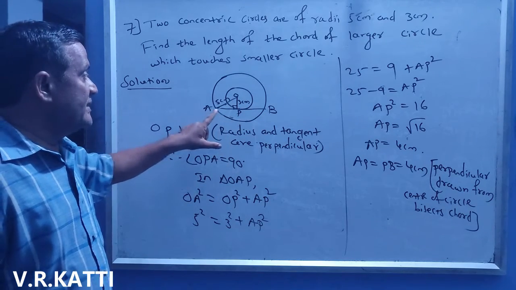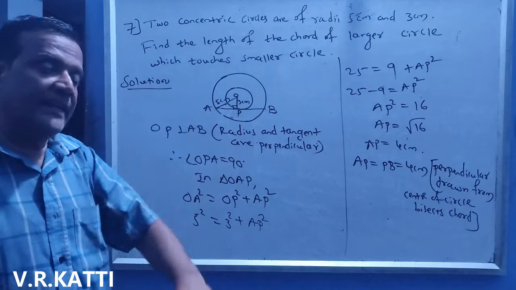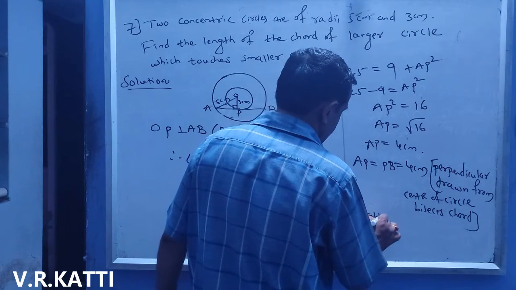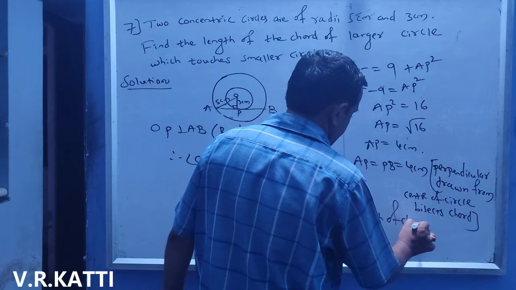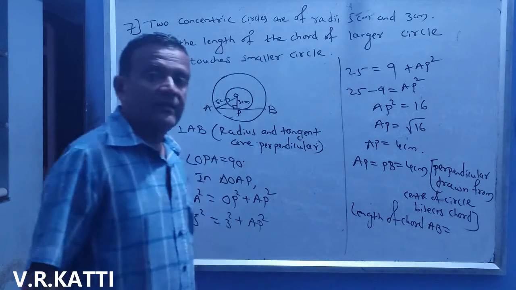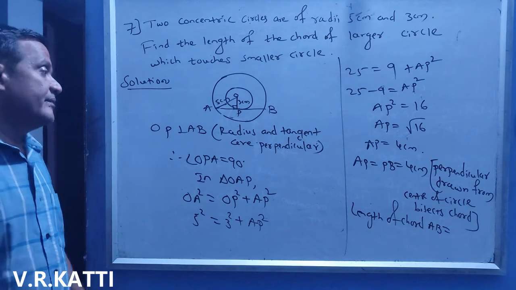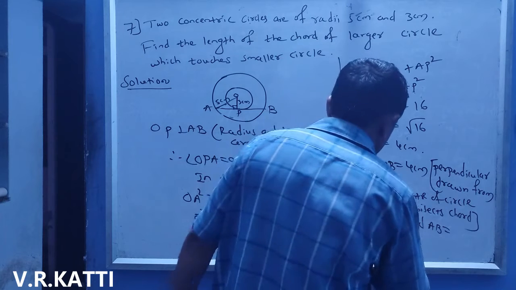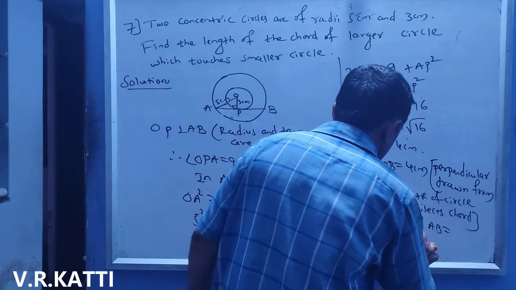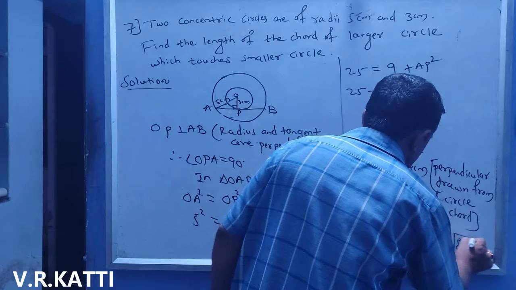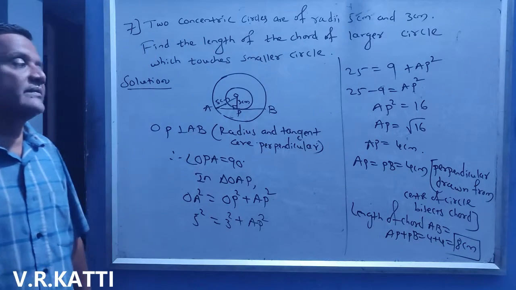Length of the chord AB is 4 plus 4, it is 8. Length of chord AB is AP plus PB. 4 plus 4 is 8 centimeter is the answer, students.